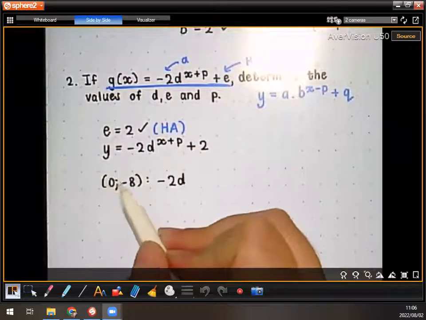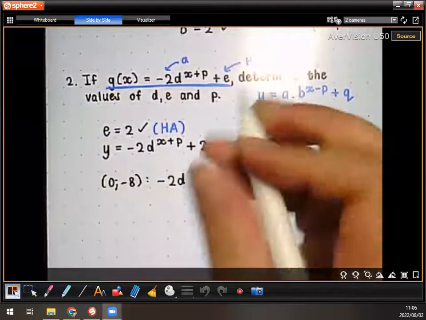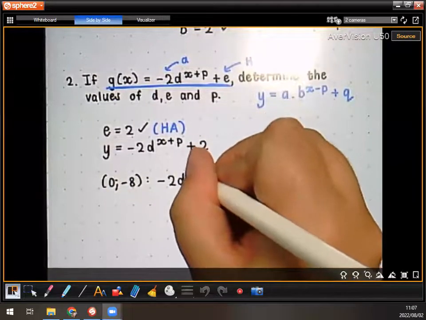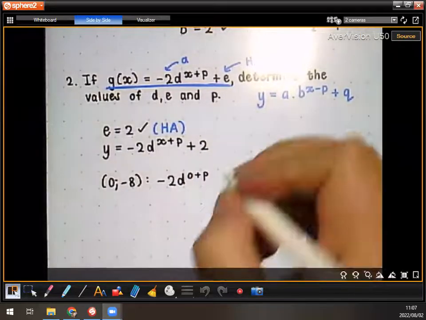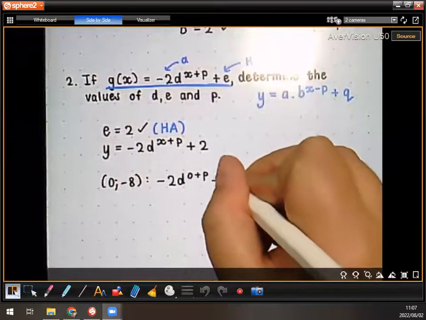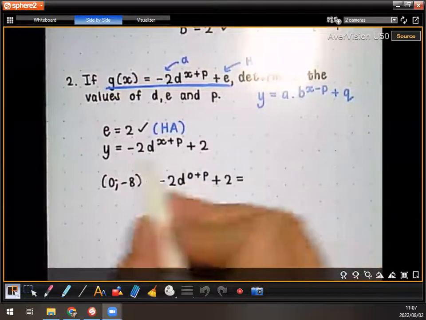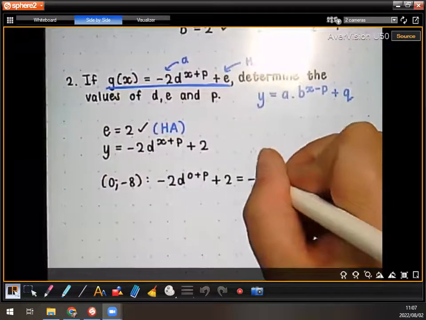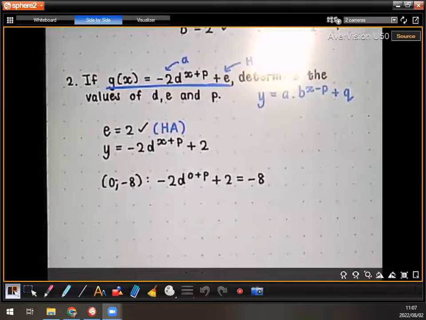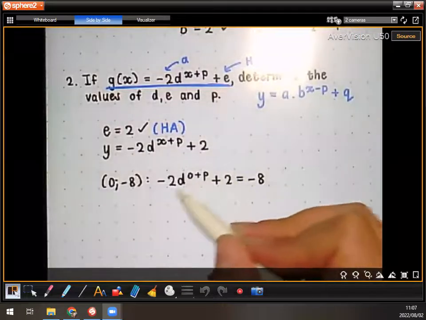What is the x value of this point? 0. Okay, so now it's going to be 0 plus p. So that doesn't work as well as the previous one. Then we have a plus 2, and that is equal to y. What is the y value of this point? -8. Is the same thing going to happen here now?